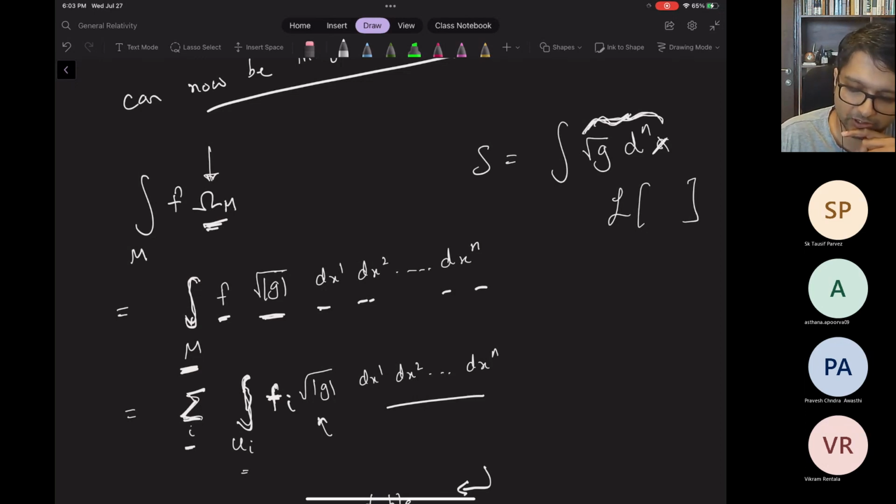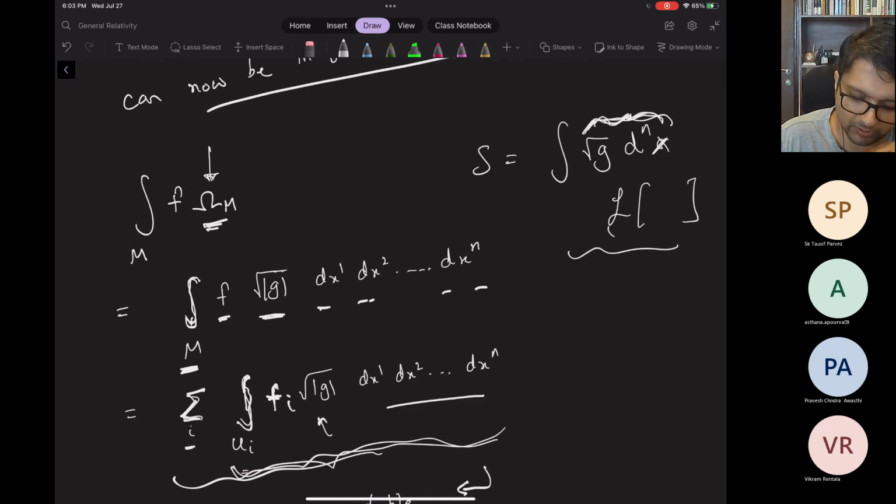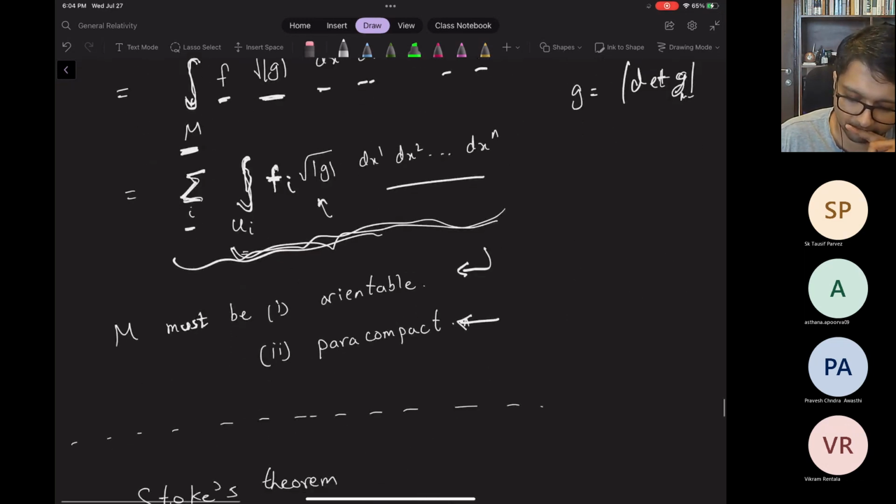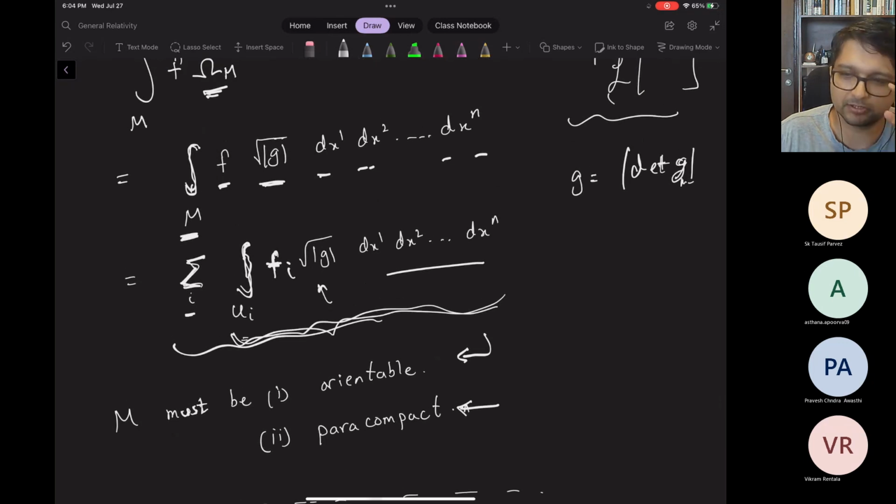If you don't have a single coordinate patch that covers the entire manifold, you have to do the partition of unity and write the integration like this. And then you have this Lagrangian over here, where sometimes small g is used for the mod determinant of g. Any questions here?